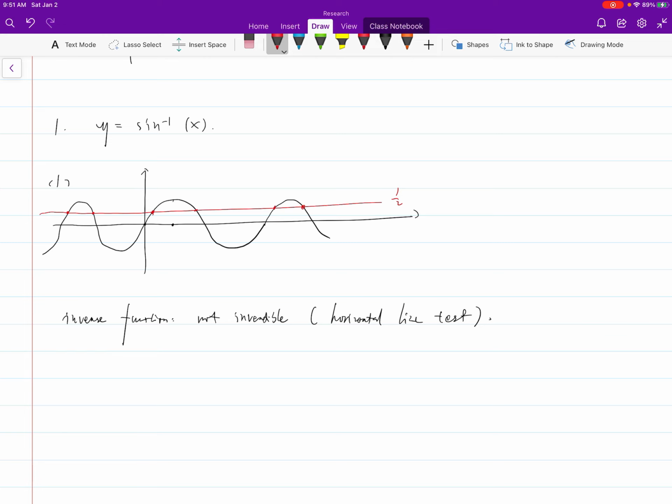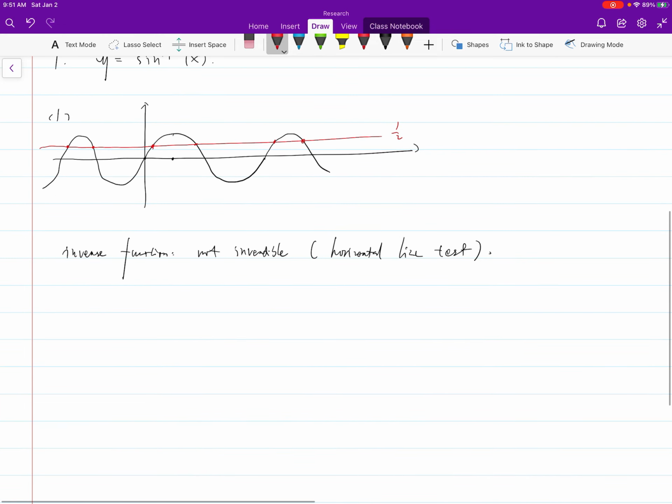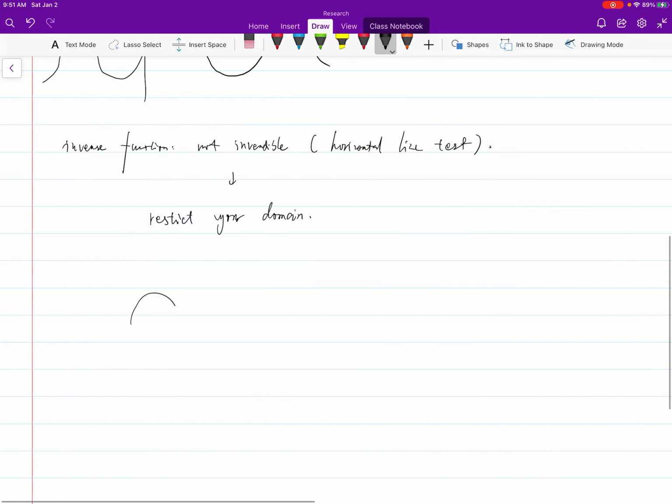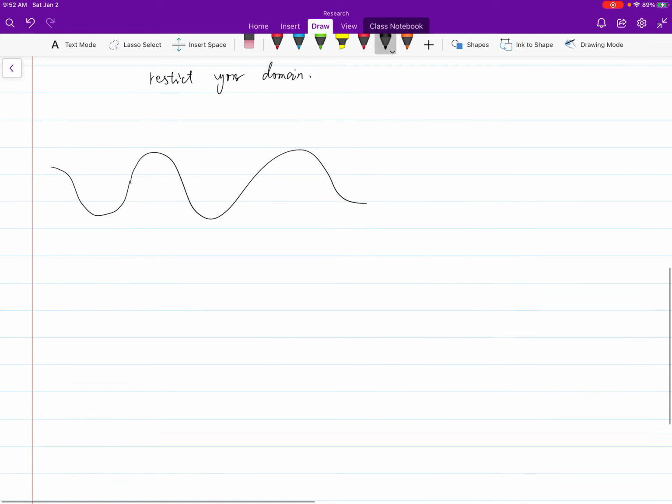That is an alert to tell you that you cannot have an inverse function if you just include all the possible angles. You have to restrict your domain. So how do you restrict your domain again?